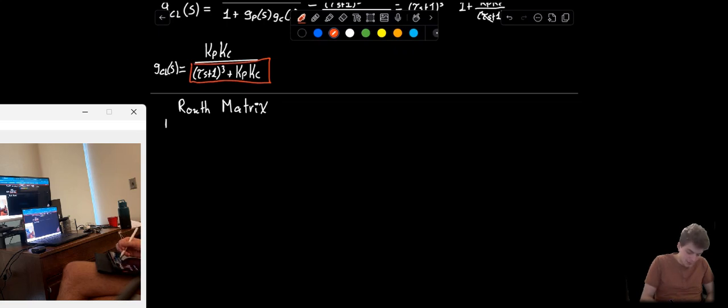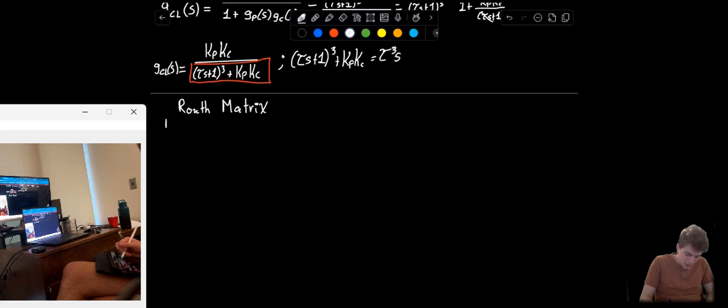To construct our Routh matrix, we have to do a couple things here. This works for any polynomial, and again, we're just looking at the bottom polynomial here. We're going to be looking at s as our polynomial term. So actually, let's first go ahead and multiply this out. Tau s plus 1 cubed plus kp kc equals, this is going to be what?